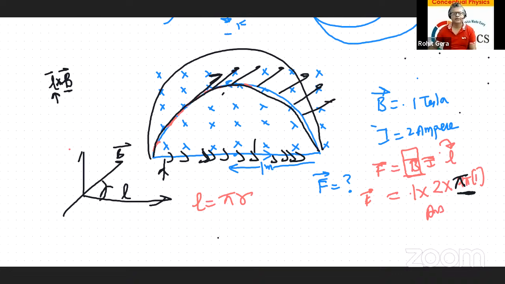Okay, now look at the circular loop. Look at the circular loop now.